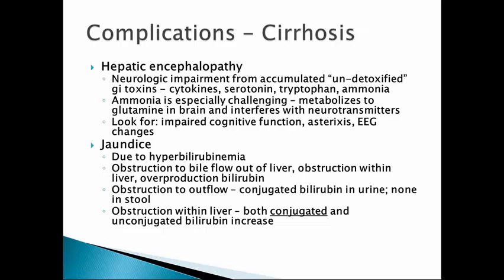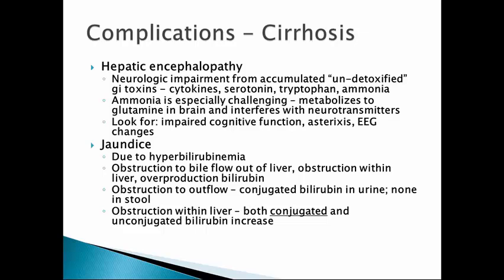So what this means is the level of ammonia does not predict the extent of the encephalopathy. You'll see patients with very high levels that are not encephalopathic. You'll see patients with lower levels and you're wondering why they're encephalopathic. So that's the important piece there.